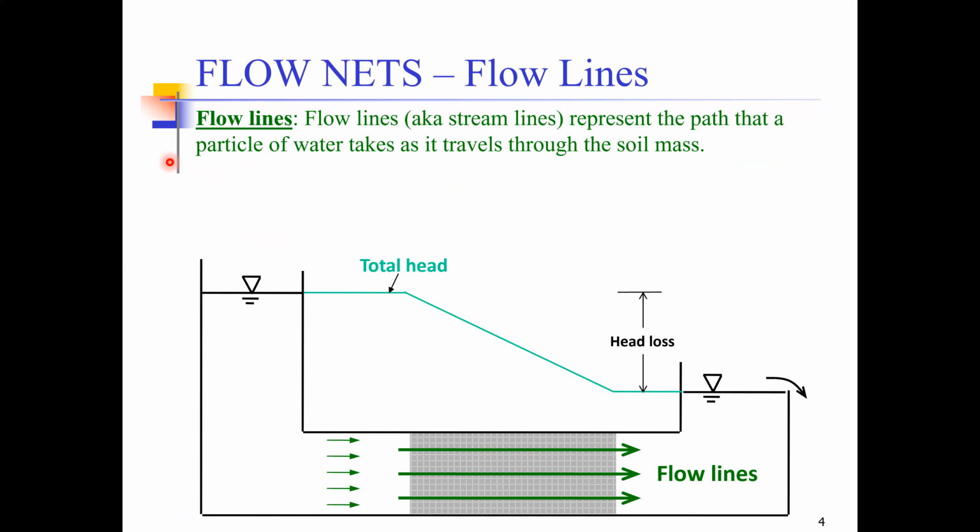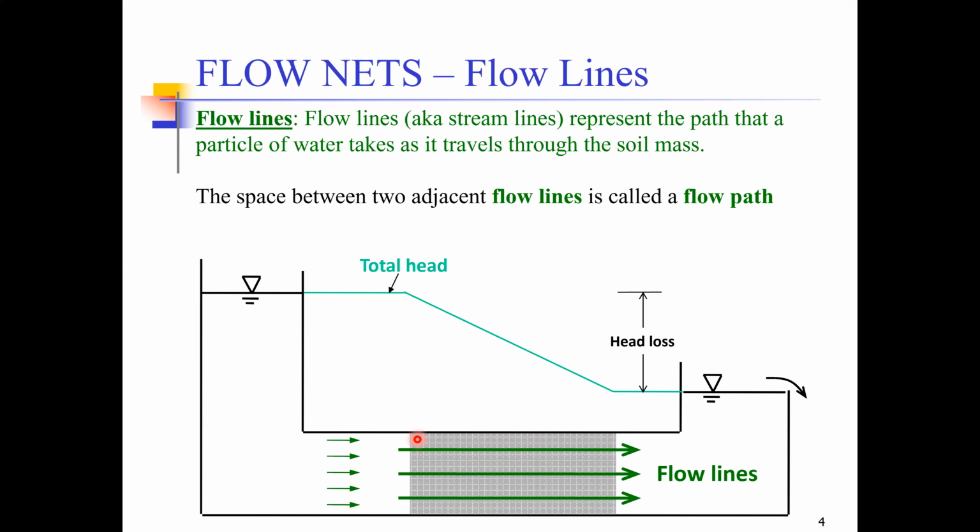So let's explore flow lines a little bit more. You have seen that the flow lines are the lines which represent the flow path of water particles in the soil. And an important property of the flow lines is that the space between any two adjacent flow lines is called the flow path.